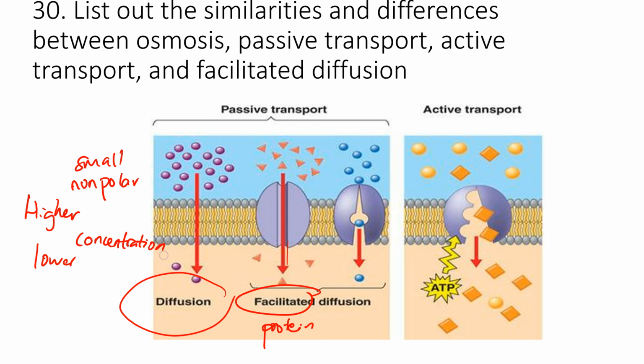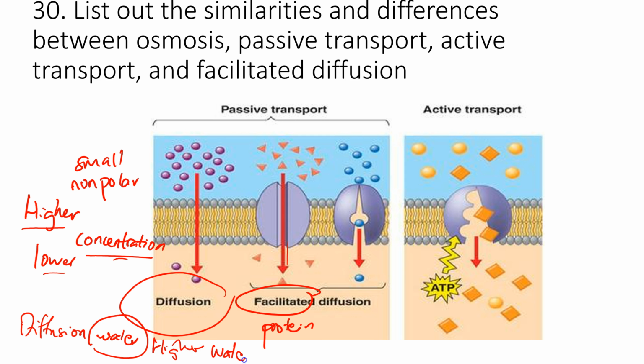So let's say I want to talk about diffusion of salt. It means there will be a movement of salt from a higher concentration of salt to a lower concentration of salt. So let's say if it is water, right? Diffusion of water means the movement of water from a higher concentration of water to a lower concentration of water.